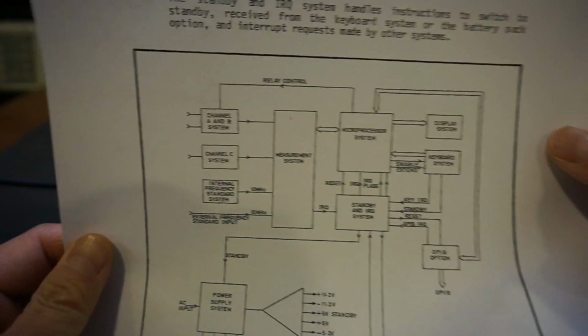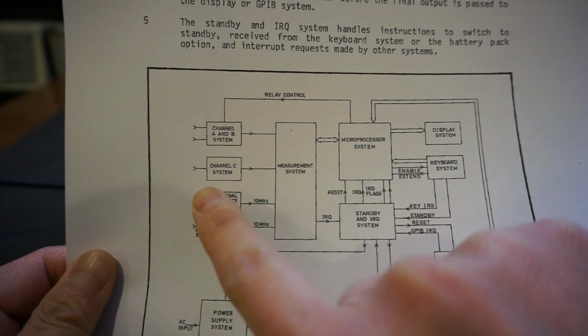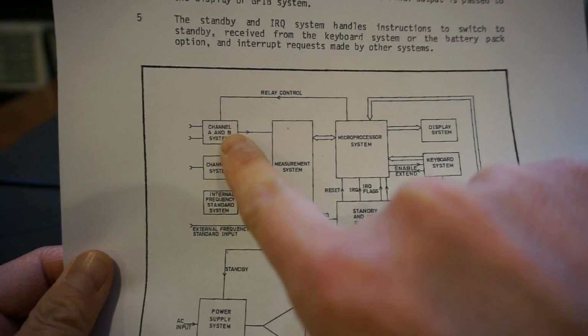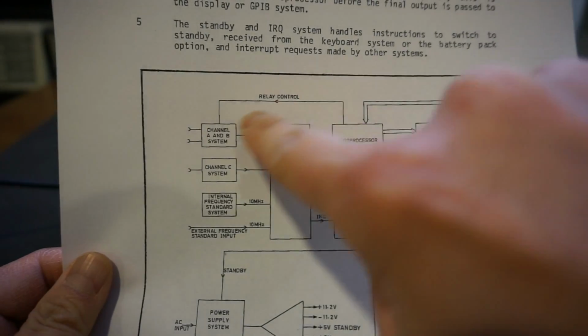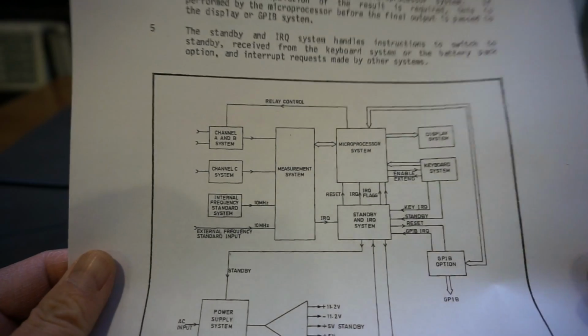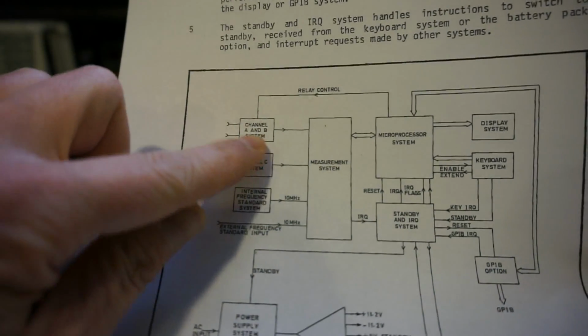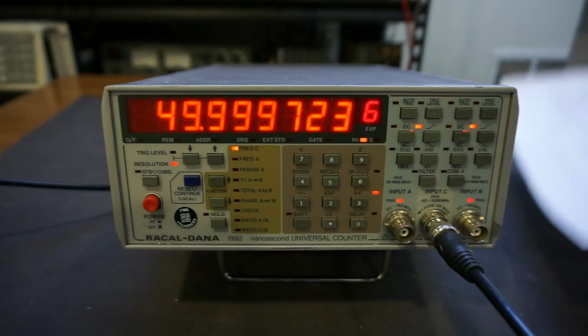As you can see, we have a separate front end for channel C and channel A and B. So the majority of the system which takes care of the counting appears to be working fine. So our failure mode is isolated in channel A and channel B, and possibly both circuits.